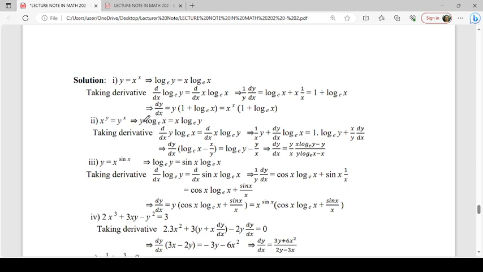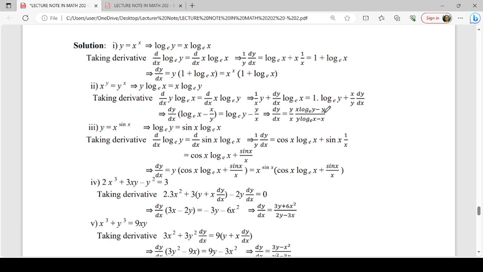Then derivative of y we have to write as dy dx, then log x to the base e, derivative of x is 1 by x, so it is dy dx into log x, and 1 by x on the left hand side, and ddx of x is 1, then log y, then this is chain rule, ddx of log y is 1 by y into dy dx, and x is kept as it is. So dy dx is simplified like this.